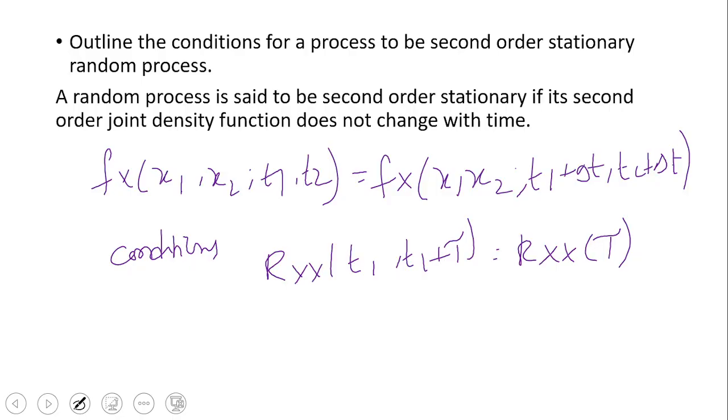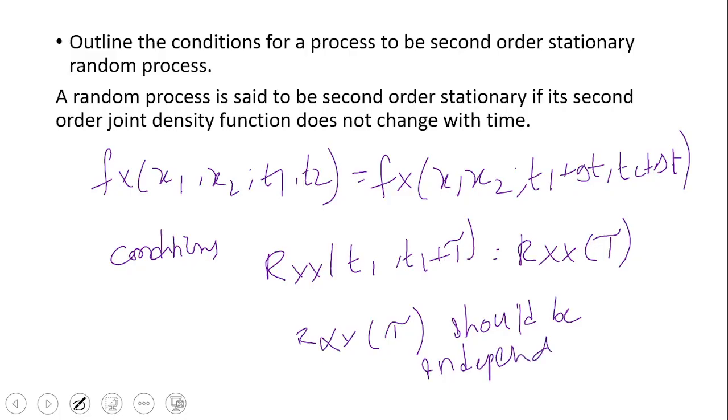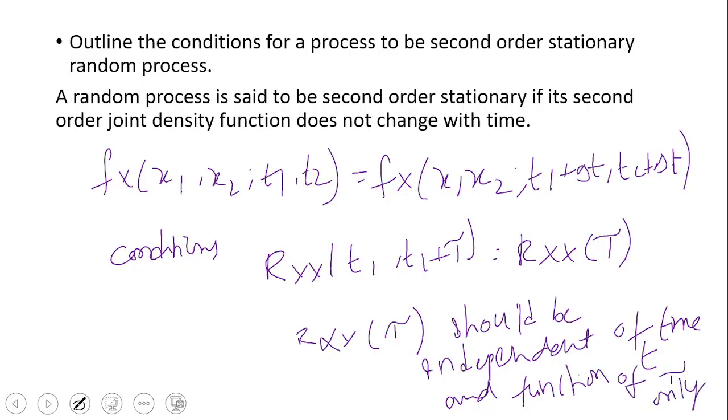That is, R_XX should be independent of time t and a function of tau only.